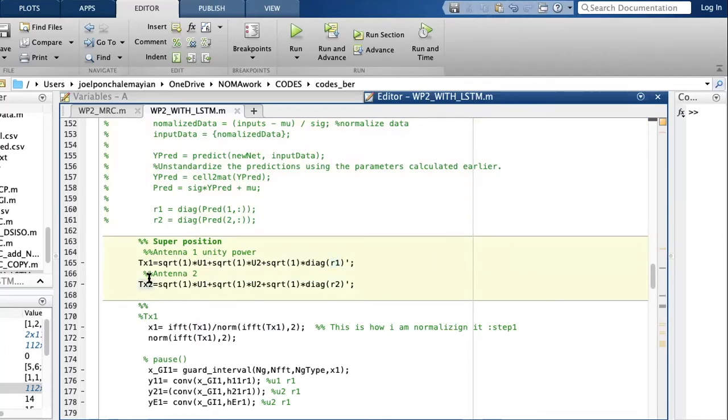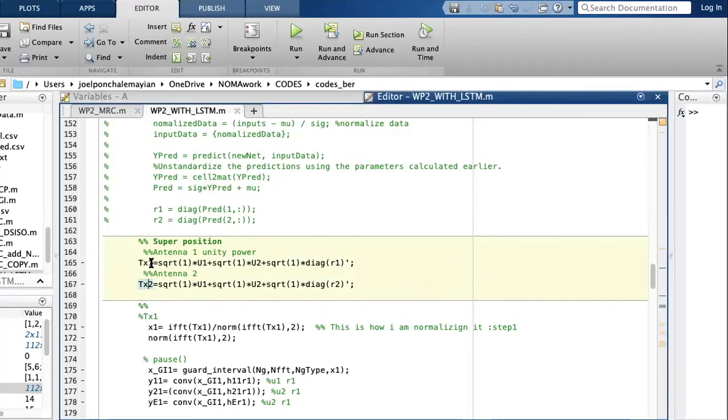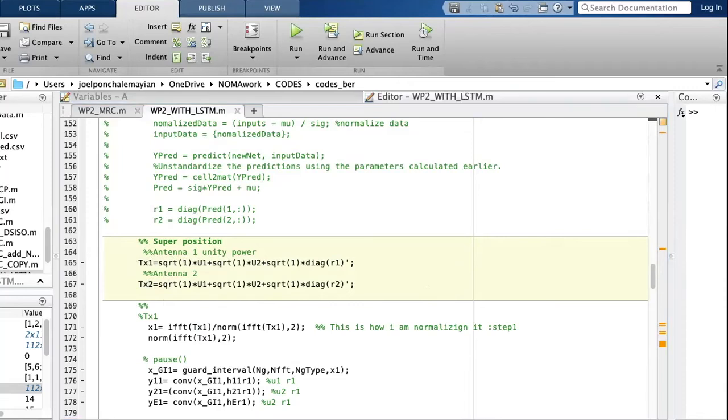In the second round. Joel, can you show them the equation inside the presentation of these two lines of code? For these ones, T1 and T2.